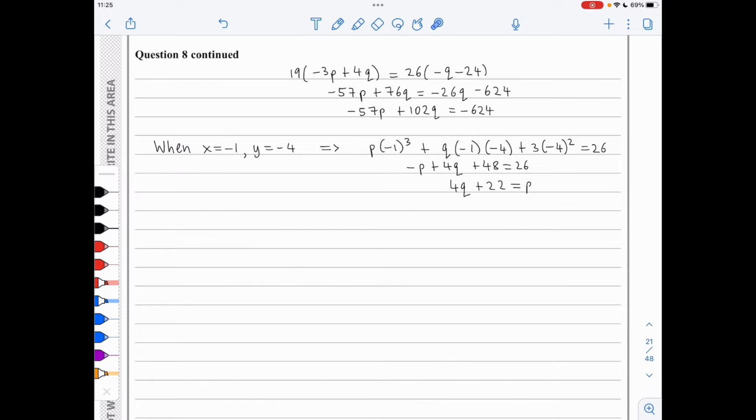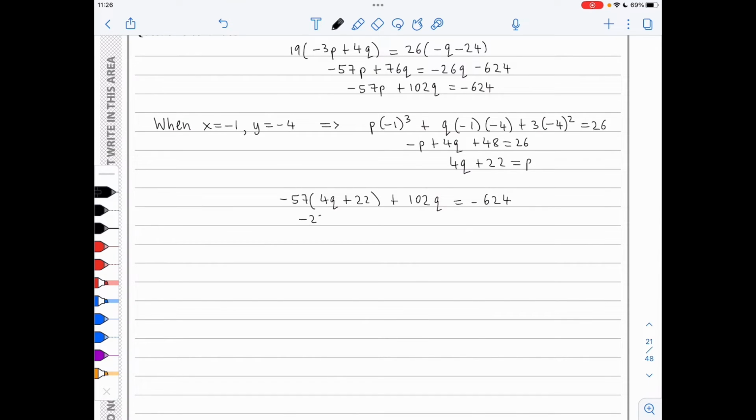I will substitute 4Q plus 22 in the place of P here. So minus 57 times 4Q plus 22 plus 102Q is minus 624, which means that minus 228Q minus 1254 plus 102Q is minus 624.